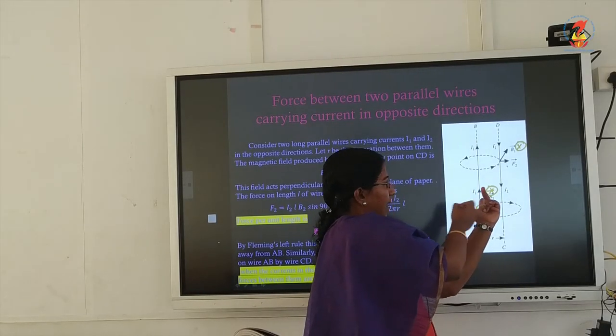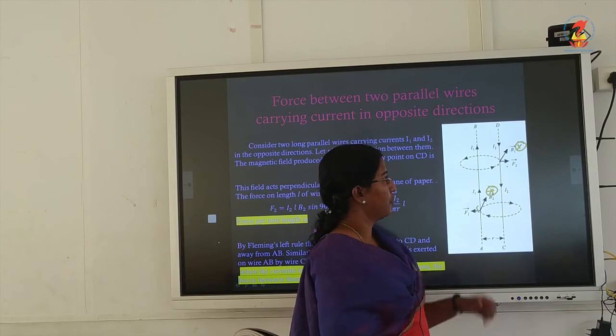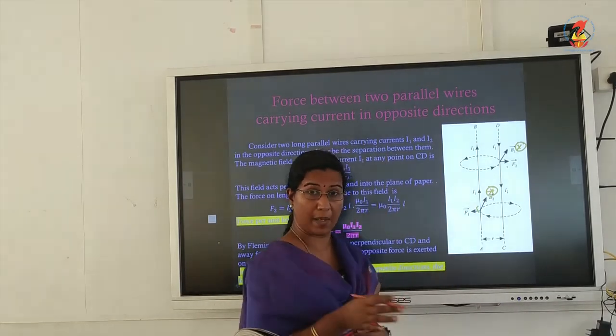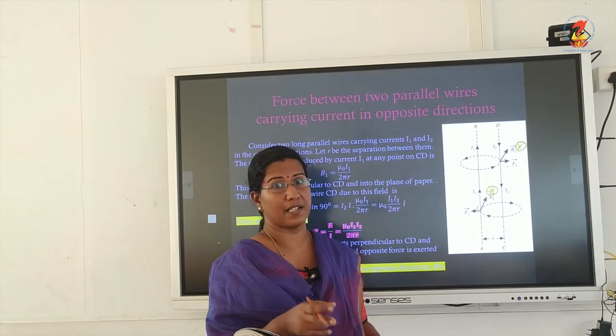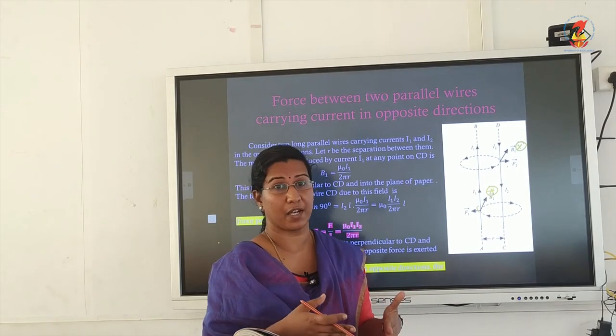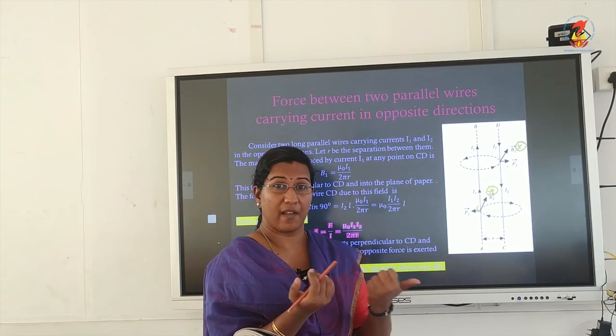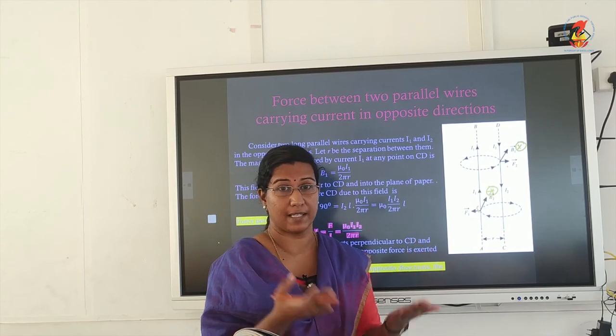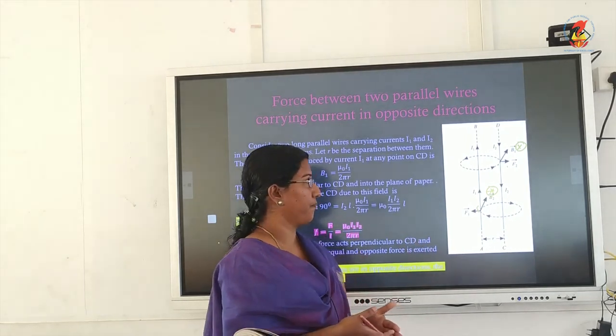Therefore, force is away from the conductor, which means if two conductors are kept parallel to each other, but current is flowing in the opposite direction, then the force between them will be away from each other, or in a sense we can say the force is repulsive.